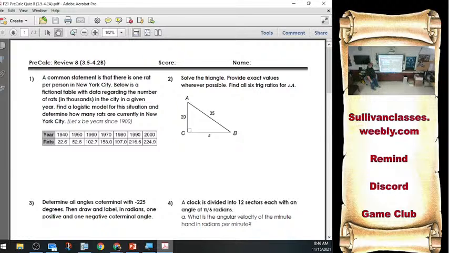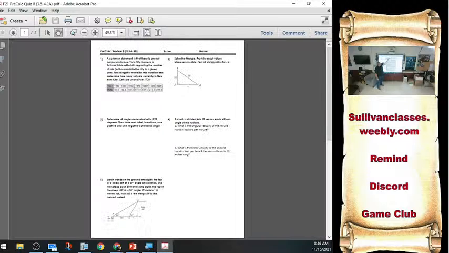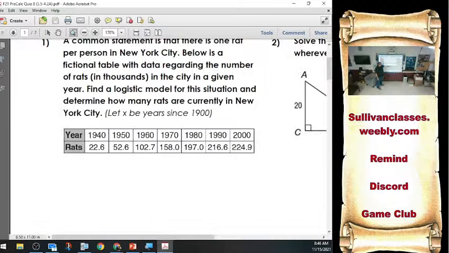Round one. There is one rat per person in New York City. A rat per person in New York City. Below is a fictional table, because I pulled a random table out of some other problem and just said whatever.